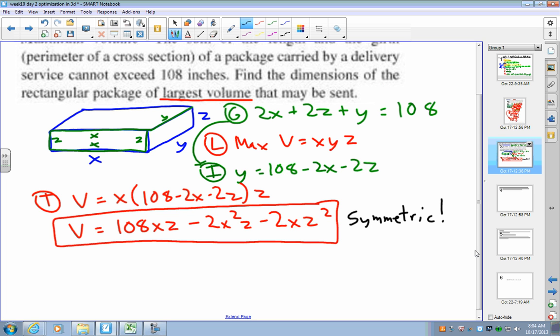What that should mean, and I'm going to prove it to you, but what it should mean is, in the end, x should equal z because they are switchable.